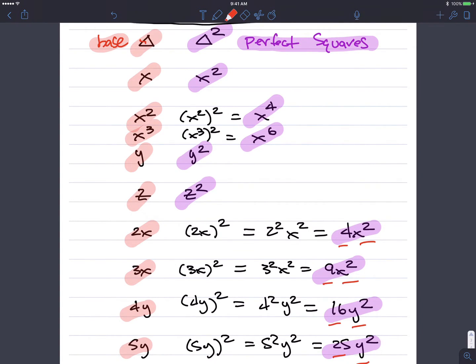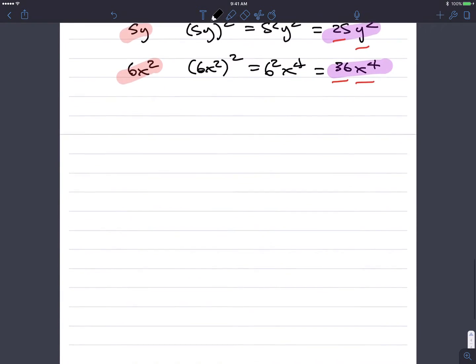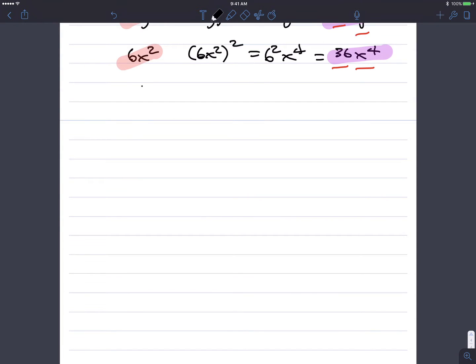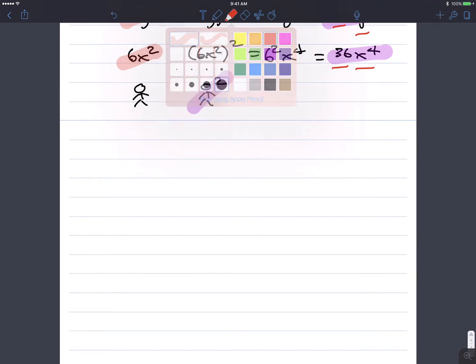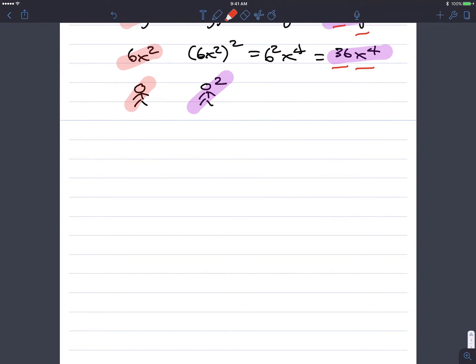So it doesn't matter what you put in there. You can even put a person. If you square the person, they're known as a what? A perfect square. What's the base? That person. So anything you put in, square it, is called a perfect square.